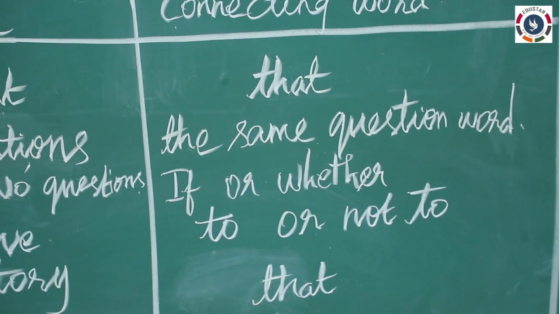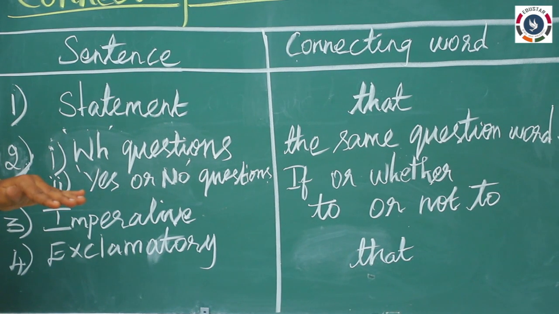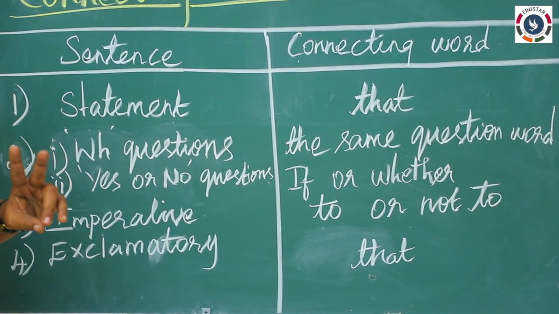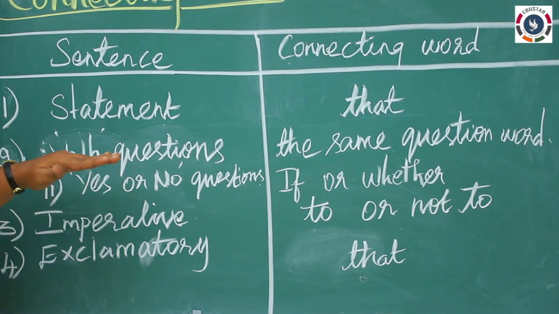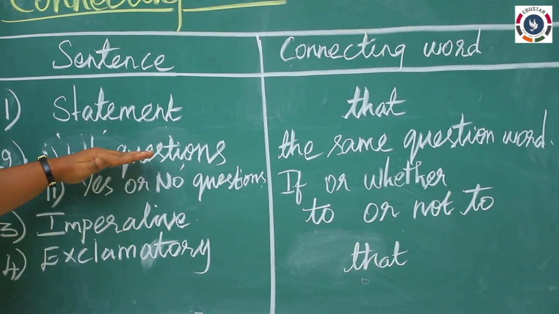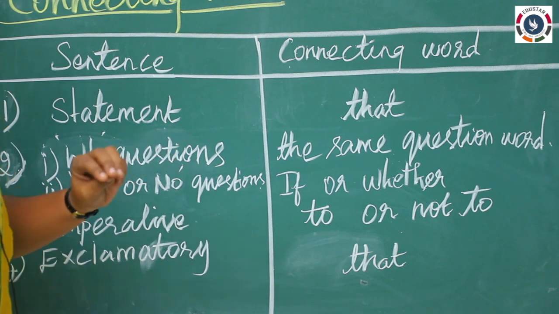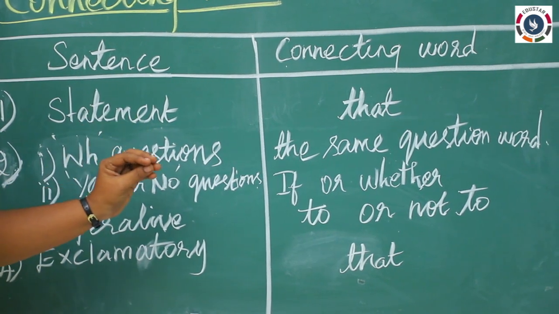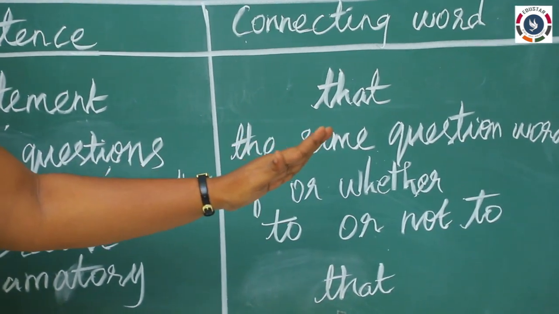If it is an interrogative sentence, under it you have two types of questions. One is WH questions and the second one is yes or no questions. If it is a WH question, your conjunctional word should be the same question word. For example, if your question starts with "what", that same word will be used as a conjunction.